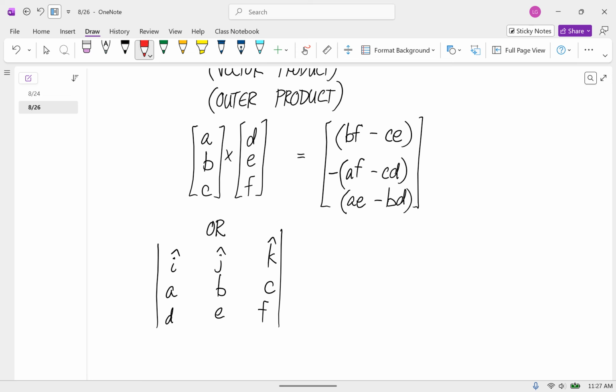So cross out that row and that column, and that's going to give you this I times this. You're going to take the determinant of this submatrix and multiply it by I. So this is BF minus EC.